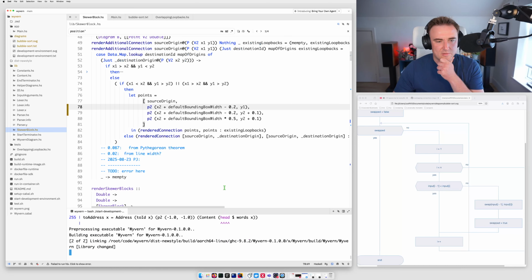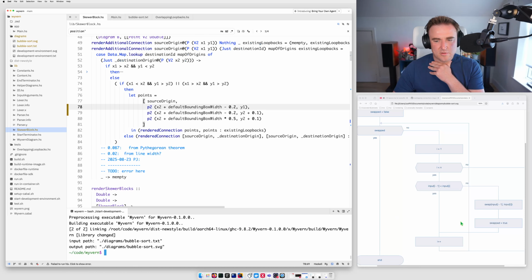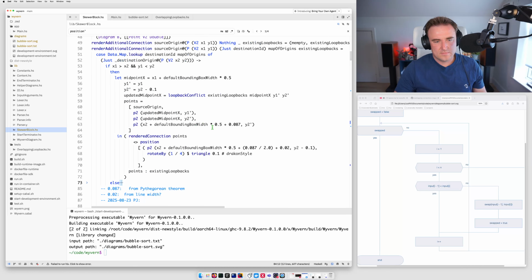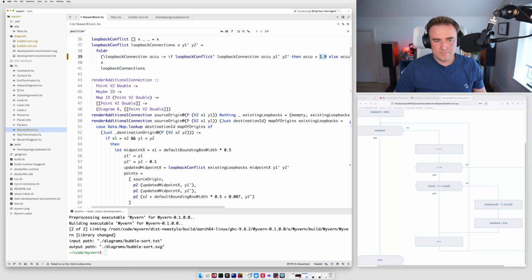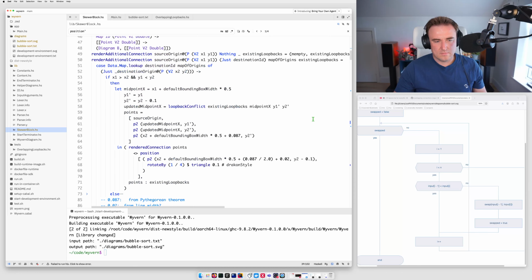And it should become apparent which code controls that loopback connection if it's going up. It's not this. Maybe this.